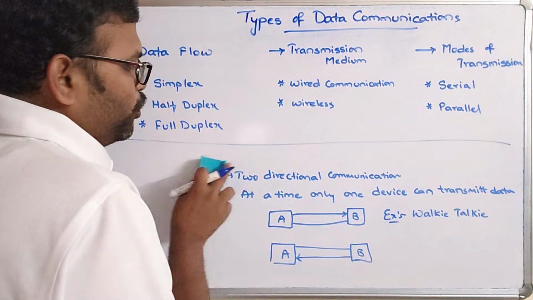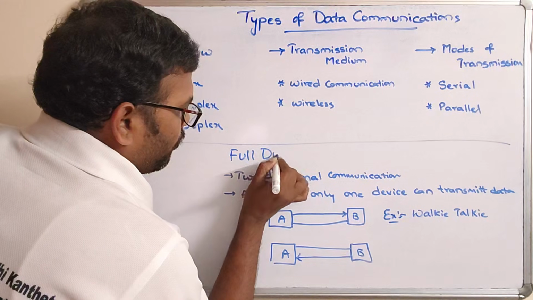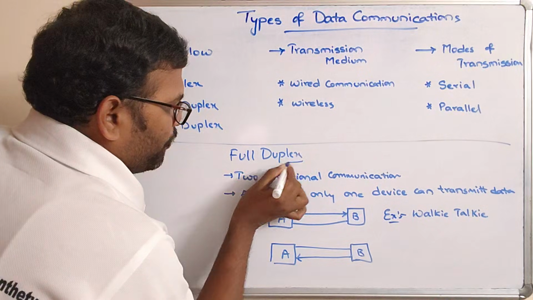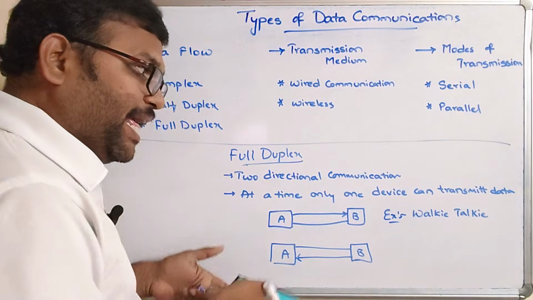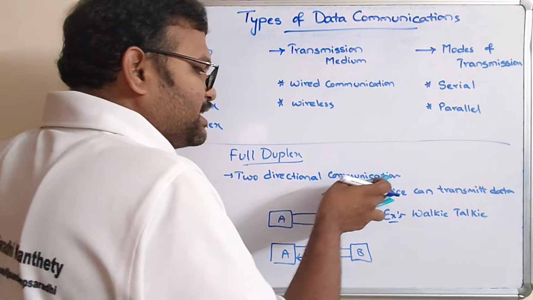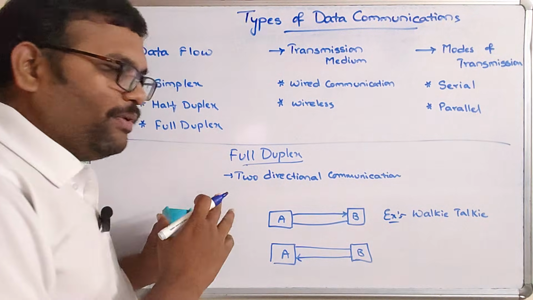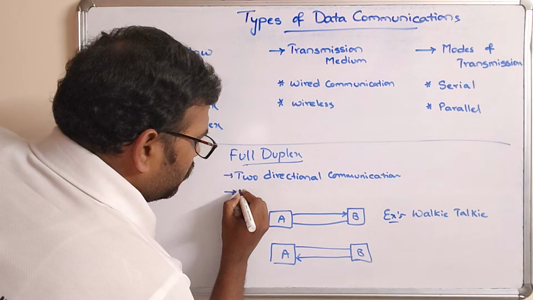And the next one is full duplex. Full duplex is also two directional or bidirectional communication, but there will be no constraint. Both devices can communicate parallelly.